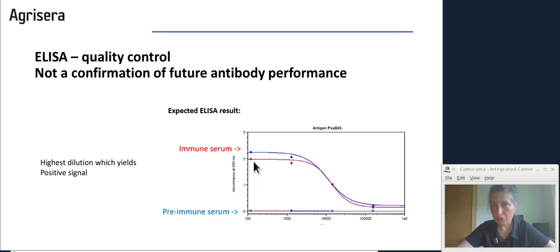This antibody shows a very good titration curve, and most probably is going to work in the format of serum, and that actually has happened. The ELISA test will show you the highest dilution in which the antibody can be used, which produces a positive signal.